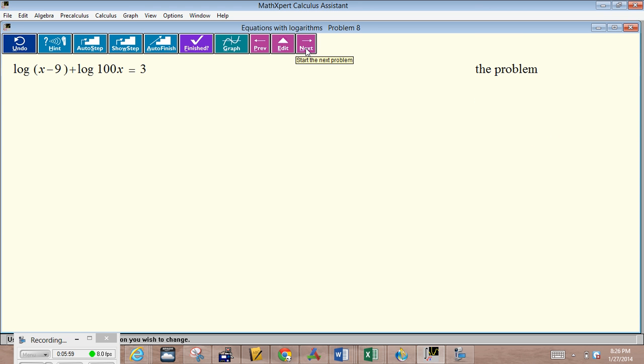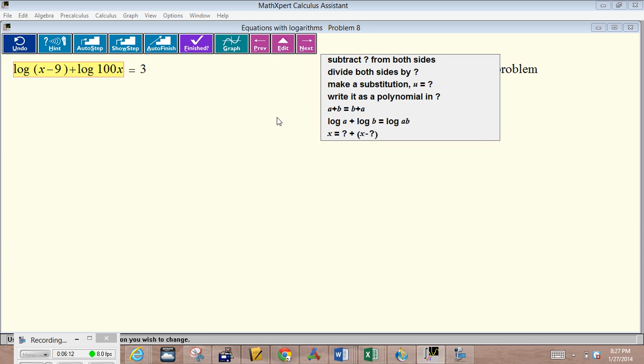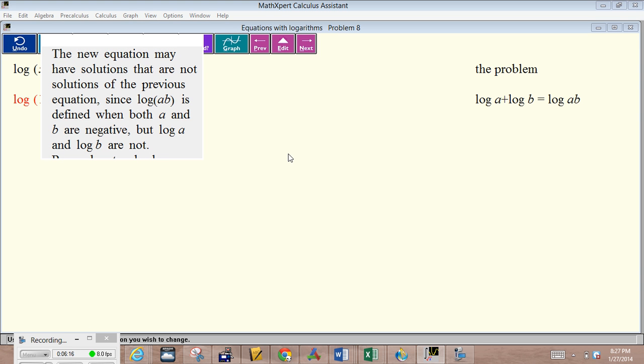Let's see what this one produces. Well, here's the sum of two logs. The sum of two logs is the log of their product. There's our rule right there. So I'm going to put them into a single expression. The red flag comes up.